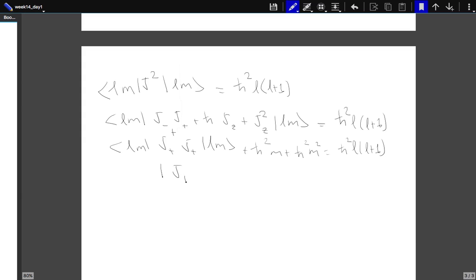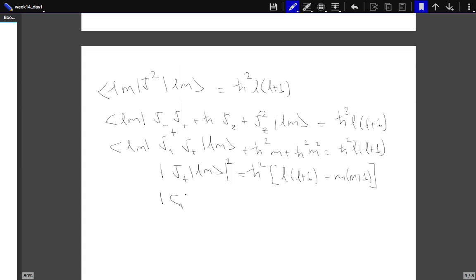Well, this is nothing but the magnitude of j plus Lm squared. We are just multiplying it with its dagger. This should be equal to h bar squared (L minus m)(L plus m plus 1).